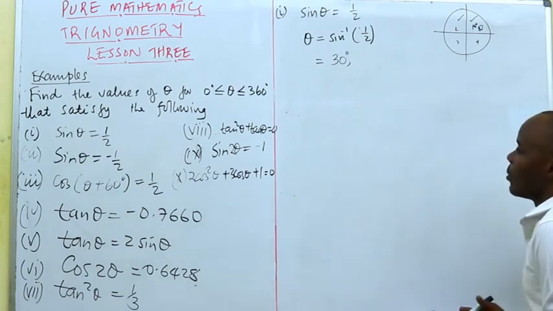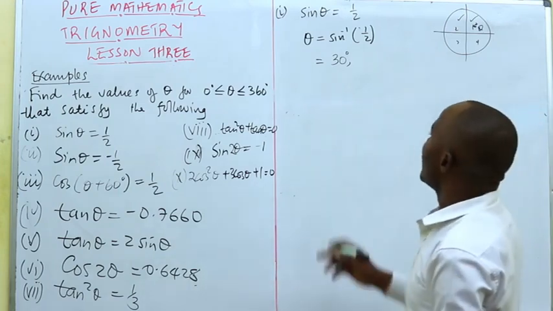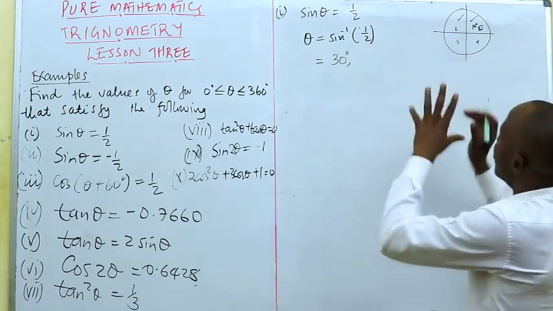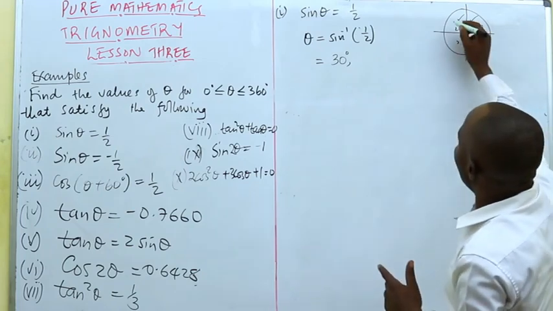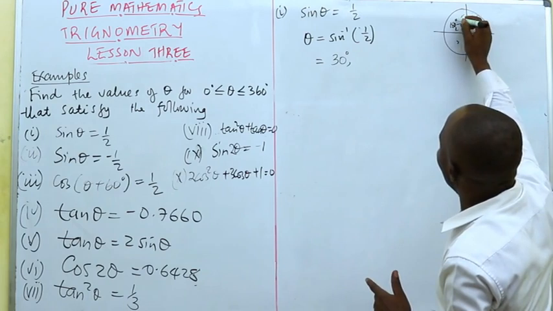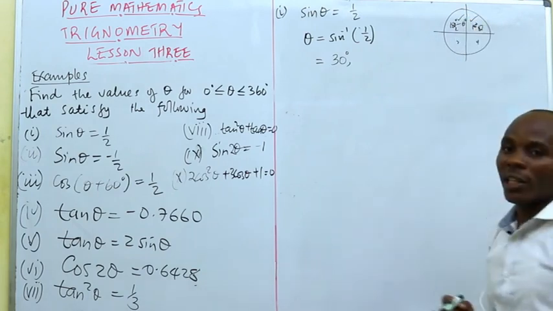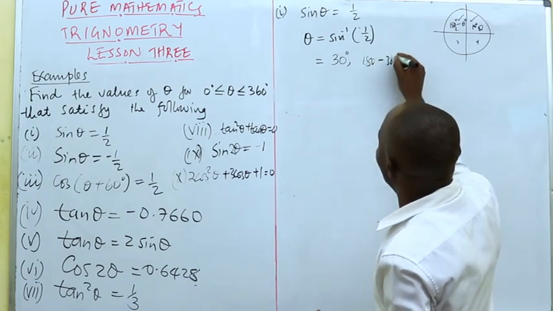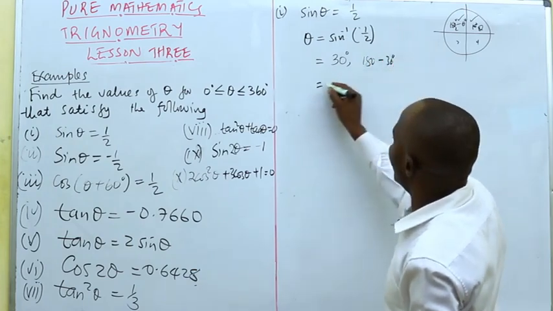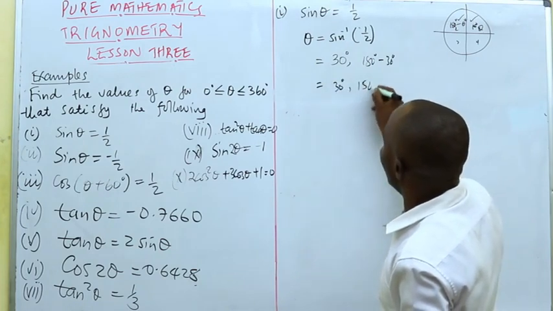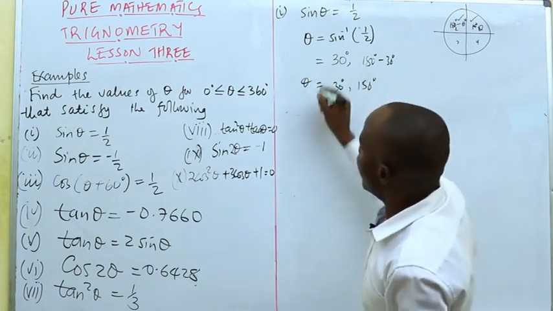Getting the other angle is as easy as you can imagine it, because we have talked of the 3D equations. So in the second quadrant, if the first one is theta as our reference, to get the second one, get 180 and take off the 30, or the first angle you have got. So the answer is going to be 30 degrees and 150 degrees.